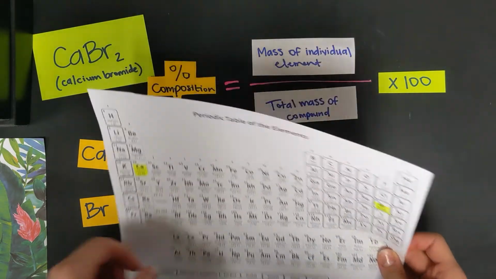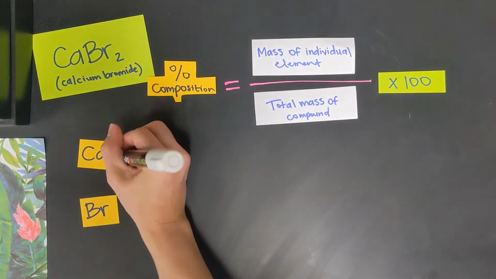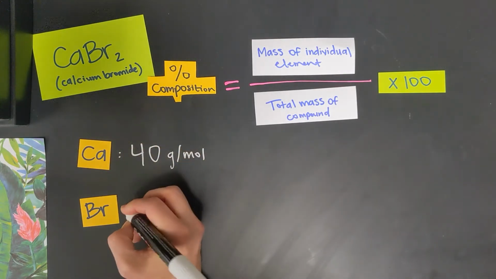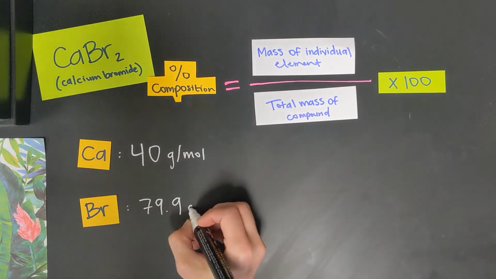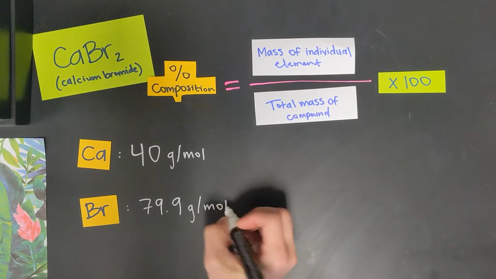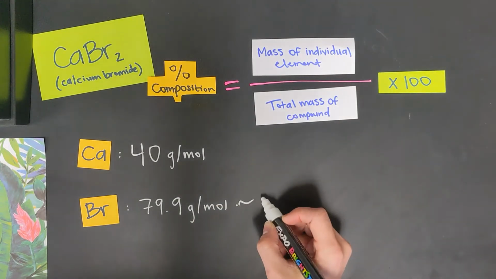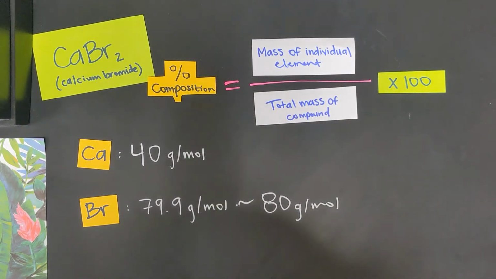And I'll write these down so we don't forget them. Okay, and this is approximately 80 grams per mole.